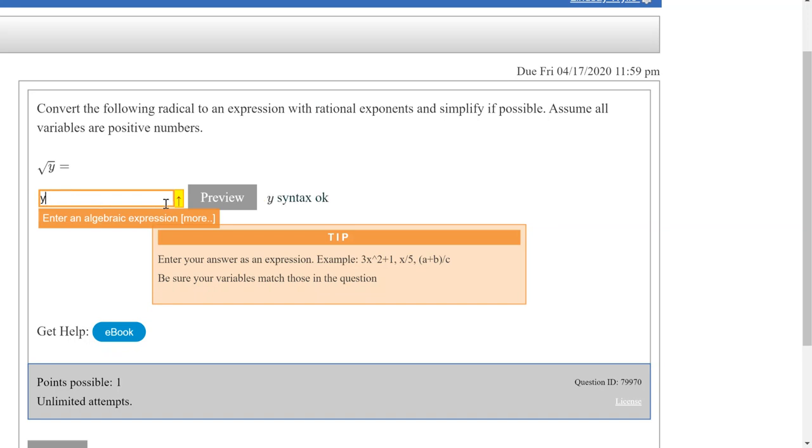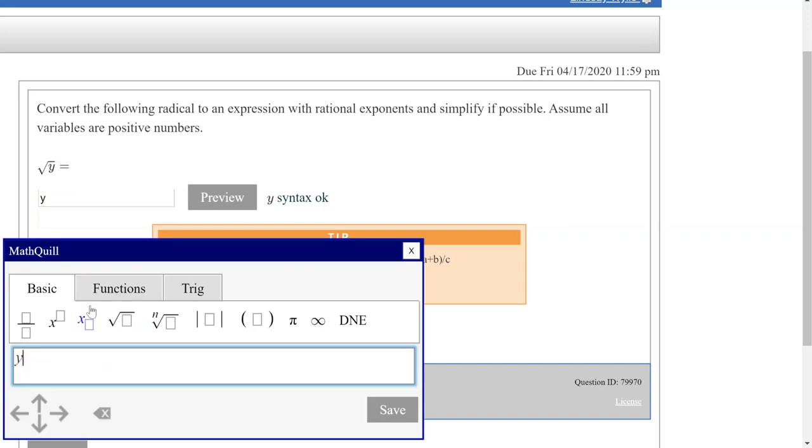Now if I hit y and my little yellow arrow, I want to choose this figure right here. The x right there isn't going to be entered. It's just this little square saying, hey, you can put something up high where the exponents lived.